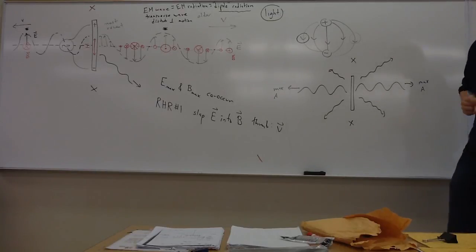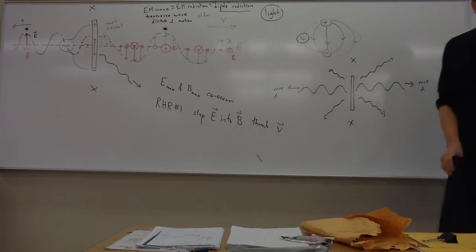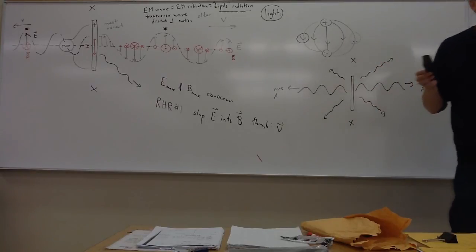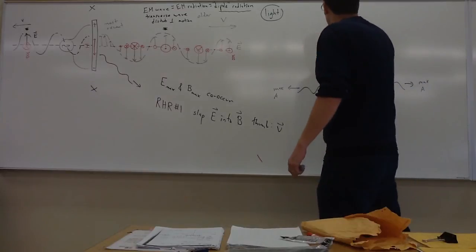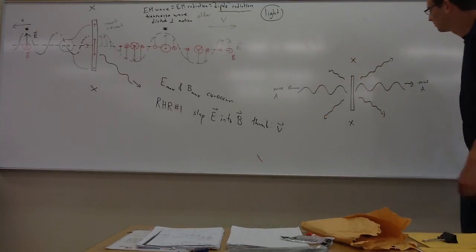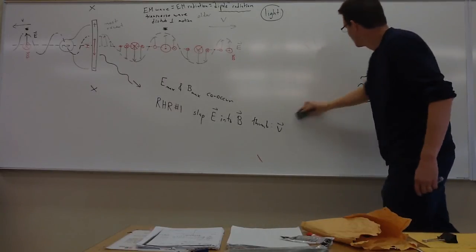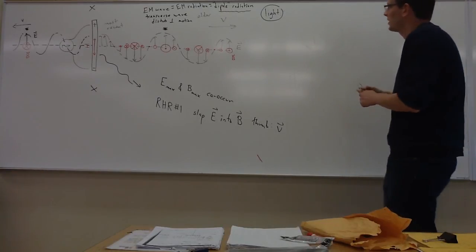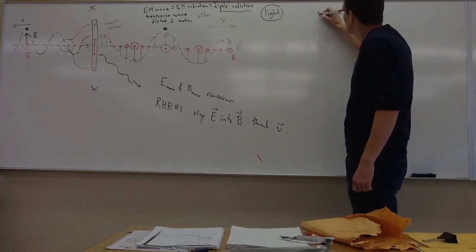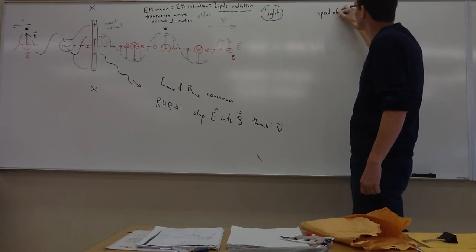So what we mean by light, of course, is not just visible light. Visible light is one particular type of light. So let's talk about the general properties of it. So first of all, we talk about its speed. The speed of light.